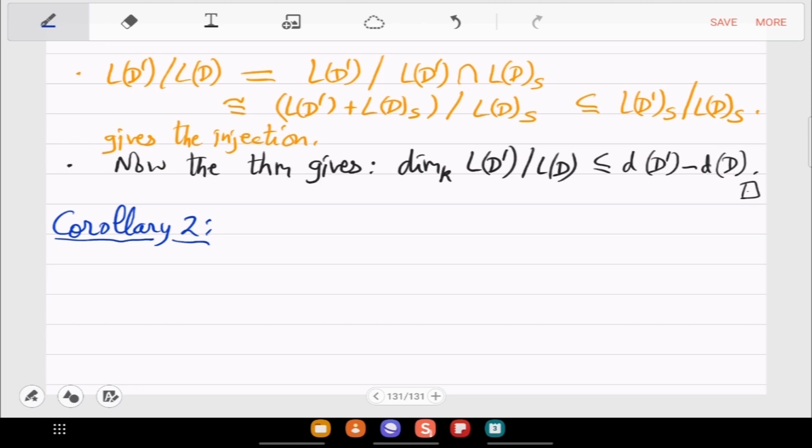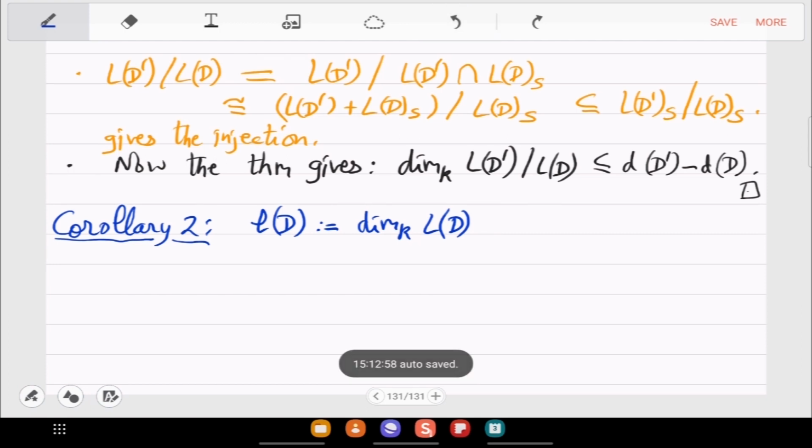Yeah, so with that motivation, let's define an important function, the L, this dimension of the LD sheaf. But when I write this, you should ask, why is this finite?